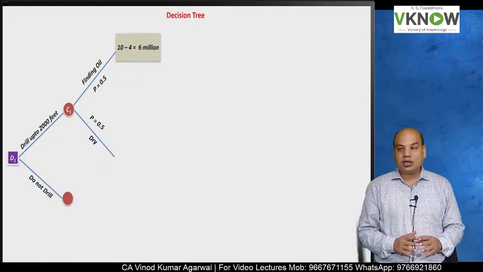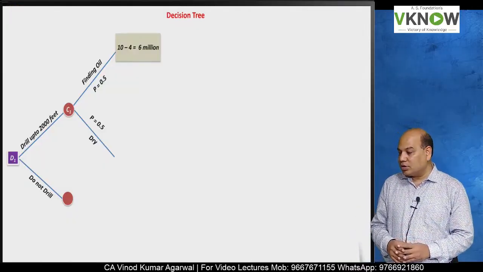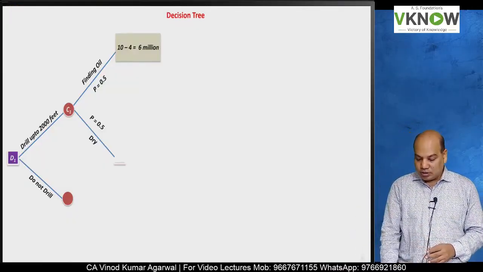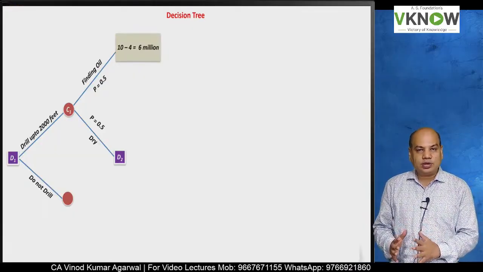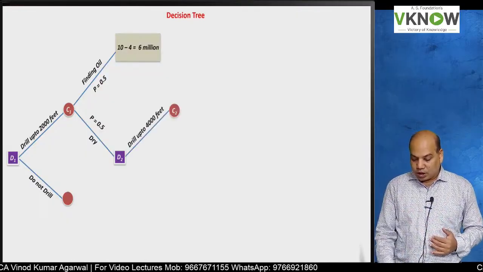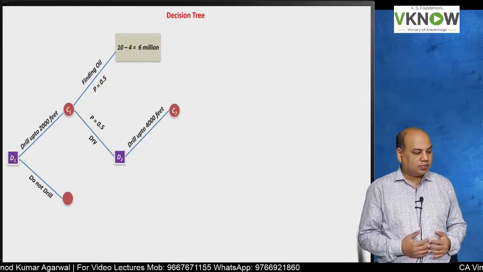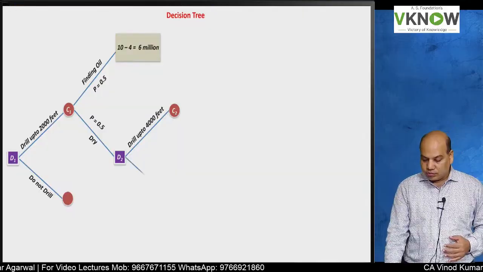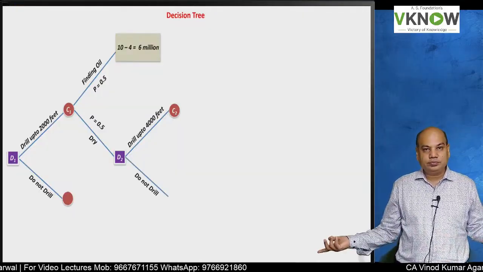Is the first part understandable? Then suppose I do not get oil, the well is still dry, I will have to make a decision. Should I drill up to 4000 feet? That means drill 2000 feet more, or do not drill.